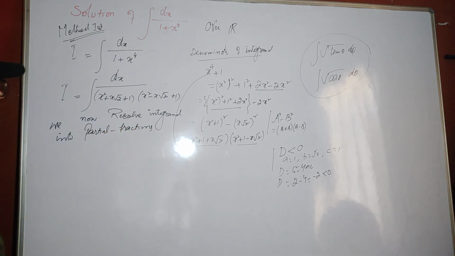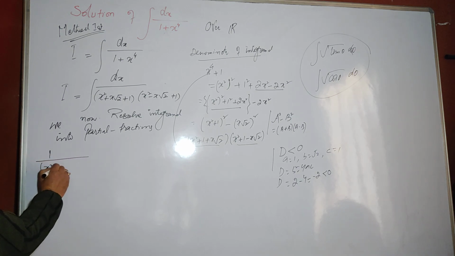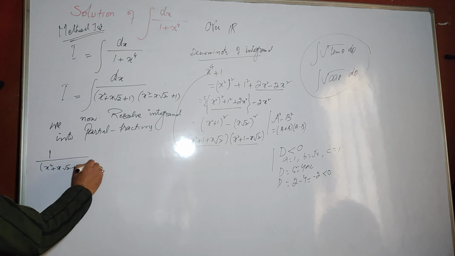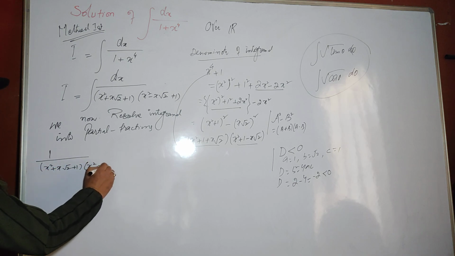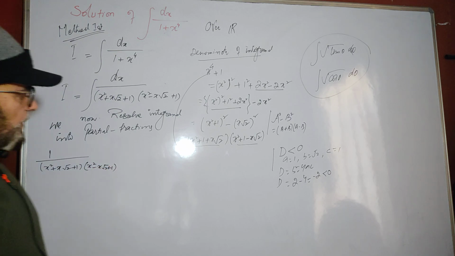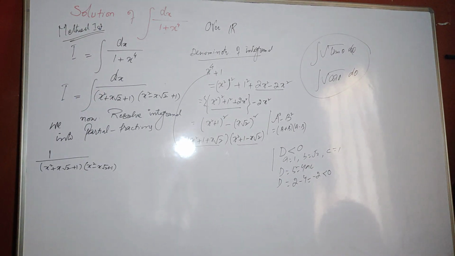How do we go? It is 1 upon x square plus x root 2 plus 1 into x square minus x root 2 plus 1.